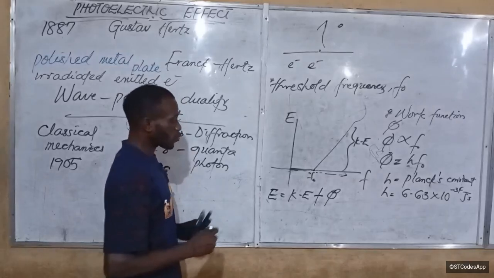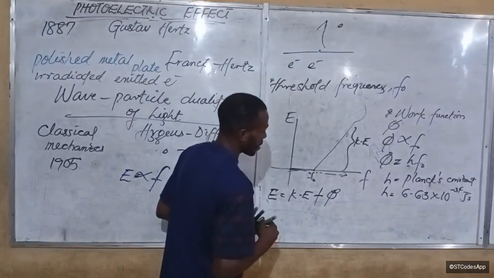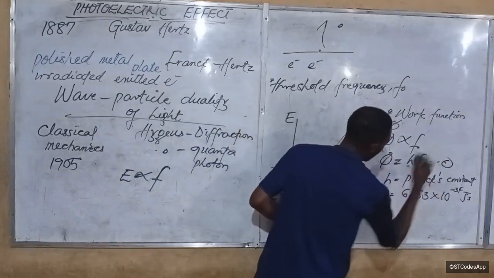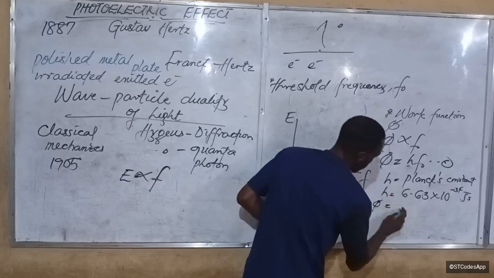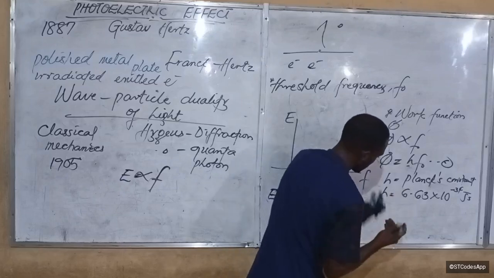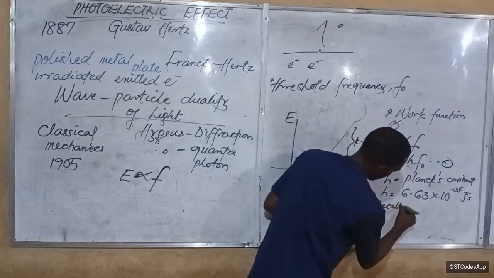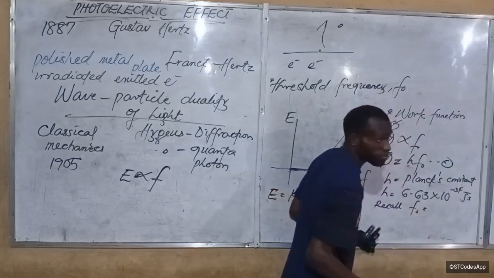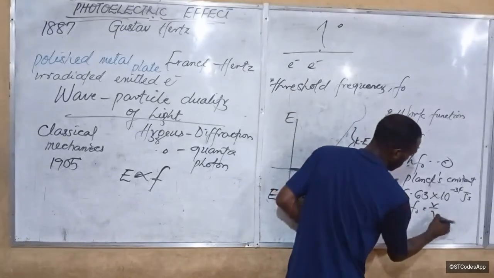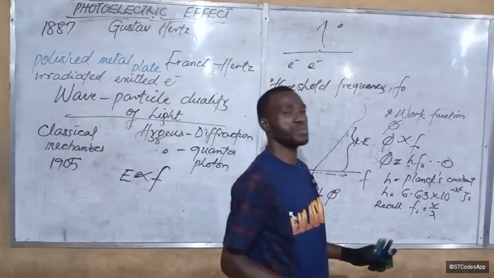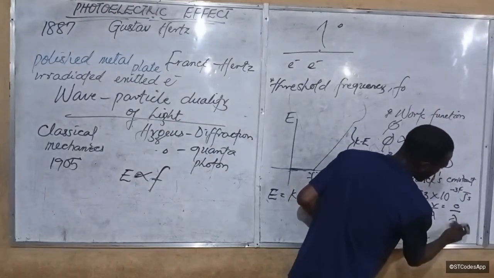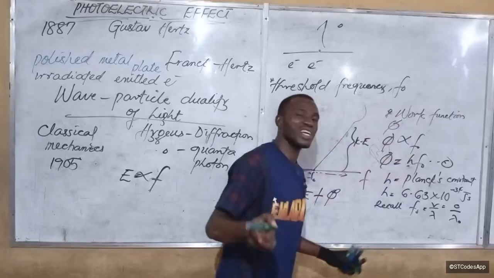Okay. Now, let's say this is equation 1. So phi will be equal to h f naught. Recall that frequency is v over lambda, and in this case our v is the speed of light, so it becomes c over lambda. Now this lambda is the particular wavelength of light.